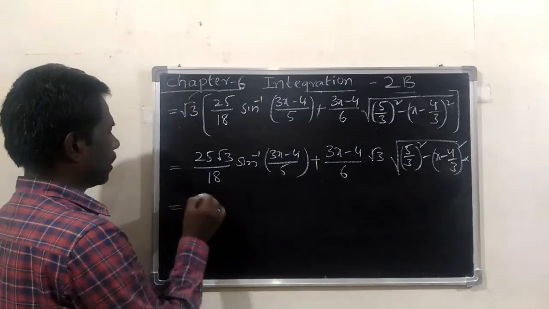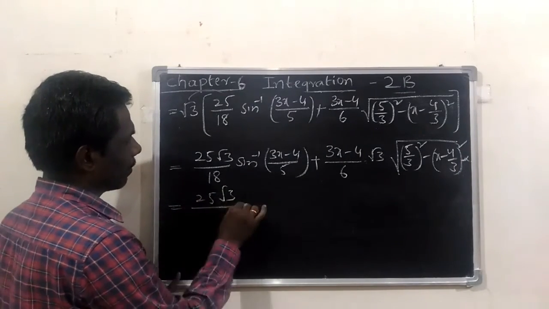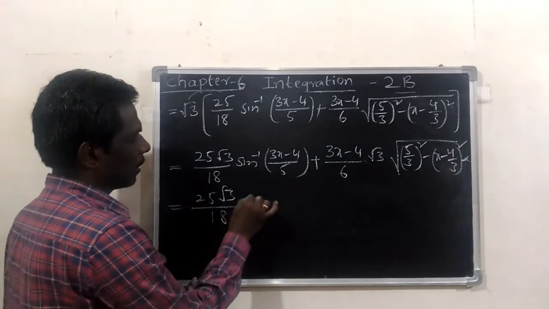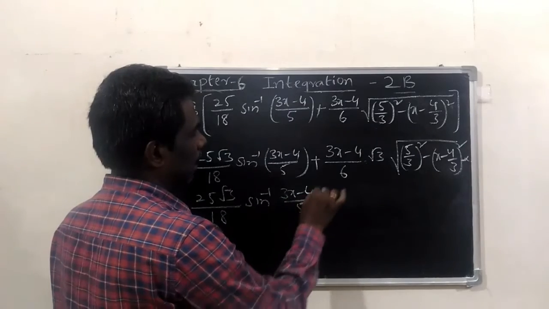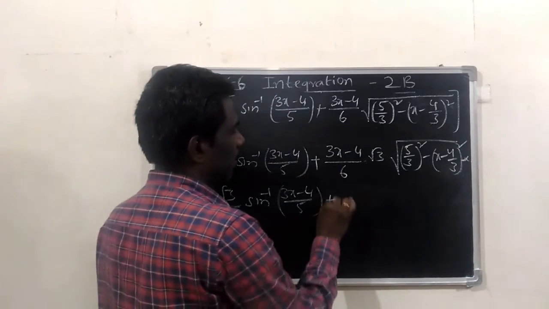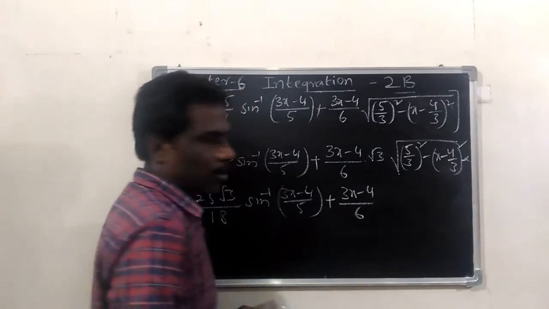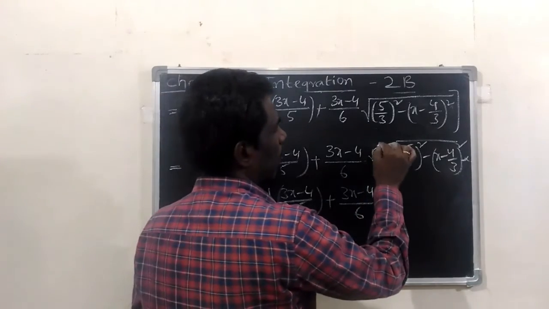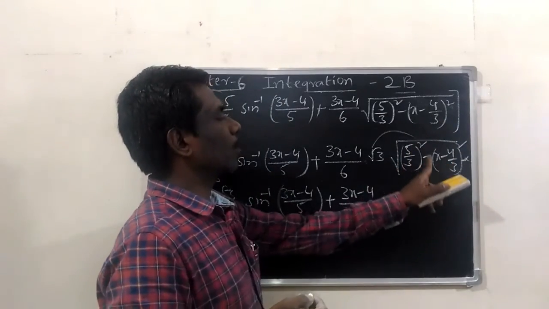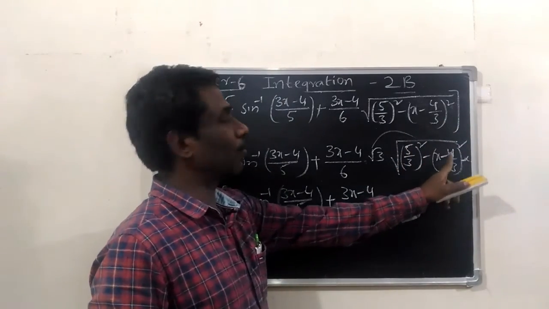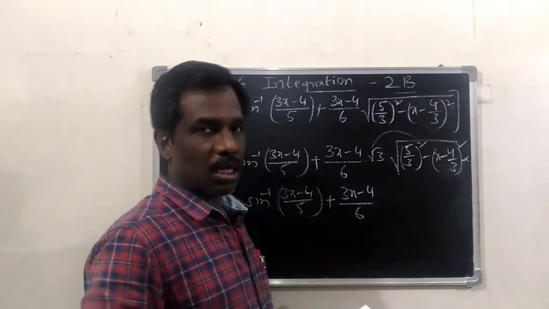Then is equals to 25 root 3 by 18 sine inverse 3x minus 4 by 5 plus 3x minus 4 by 6 into, if we multiply root 3 with under root of 5 by 3 whole square minus x minus 4 by 3 whole square, we get the quadratic equation.